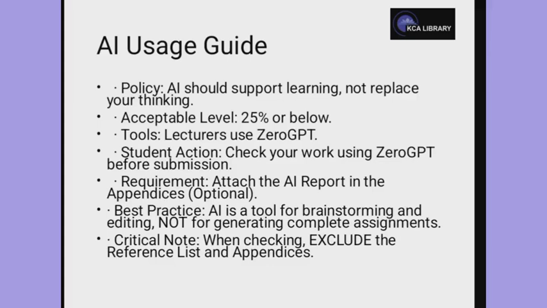Your AI score should remain at or below 25%. Remember, your lecturers are assessing your understanding, not the intelligence of an AI tool. Don't forget, when checking, you should also exclude the reference list and appendices. Okay? Now, AI is just a tool for brainstorming and editing, not for generating complete assignments, please.